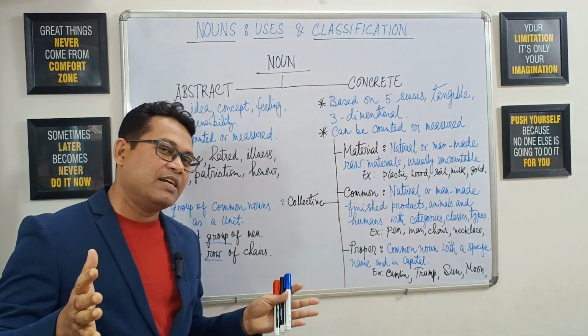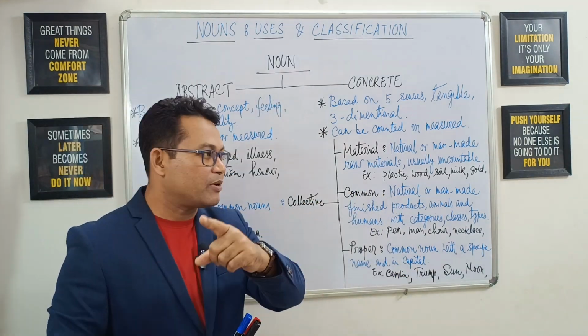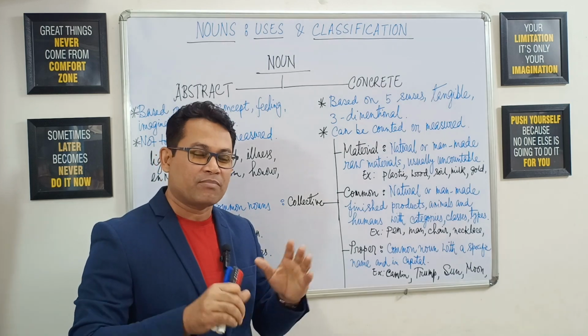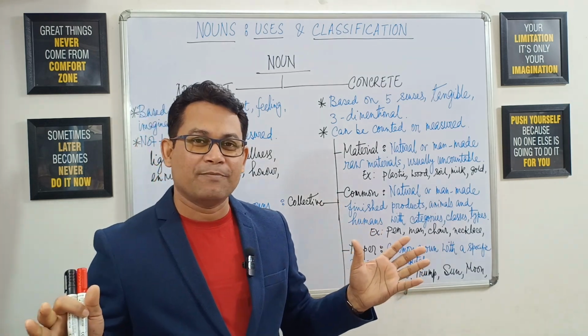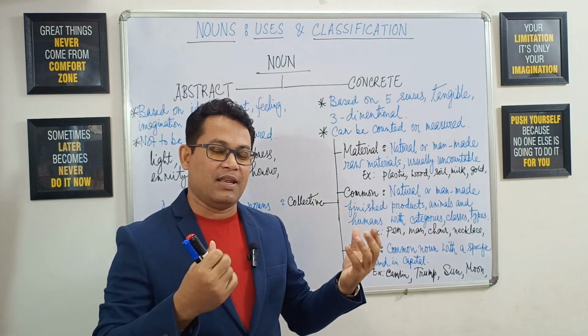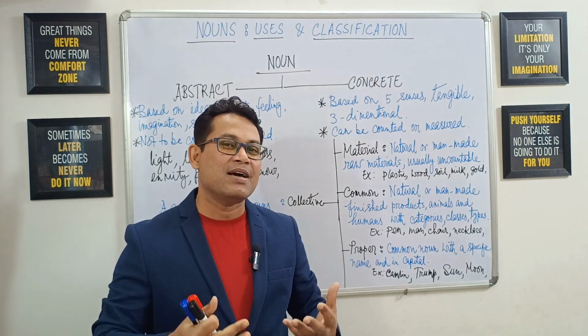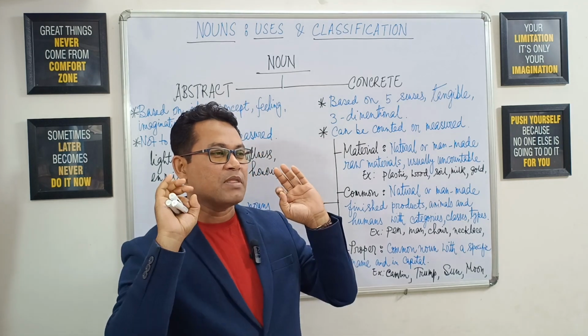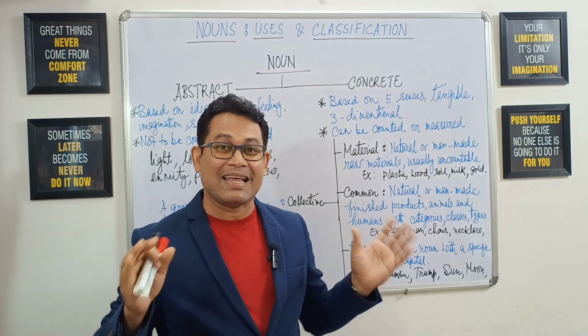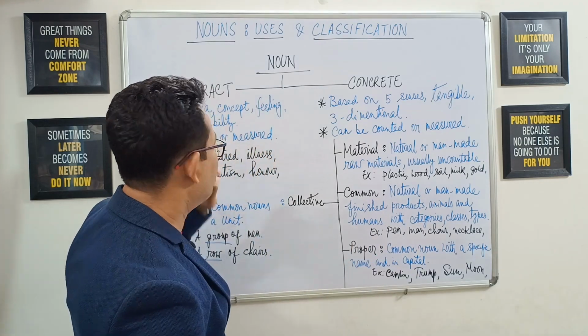Remember that whatever nouns we see around us are concrete, but whatever we feel, whatever we conceptualize in our mind, or whatever we imagine in our visual context or mental scenario, are abstract.